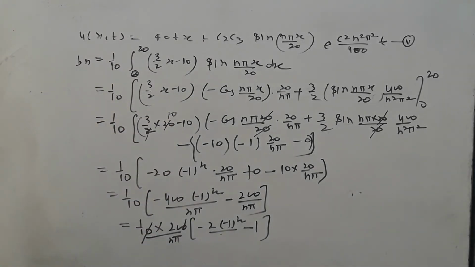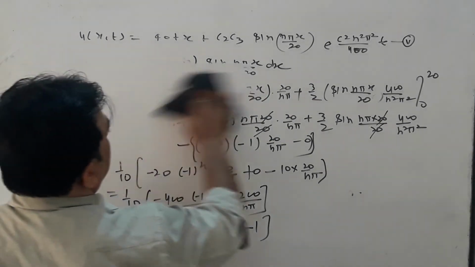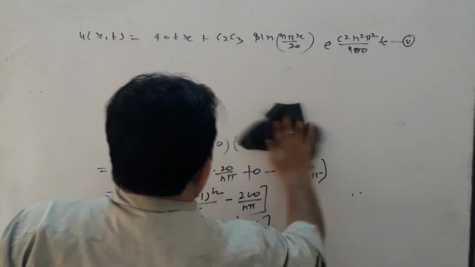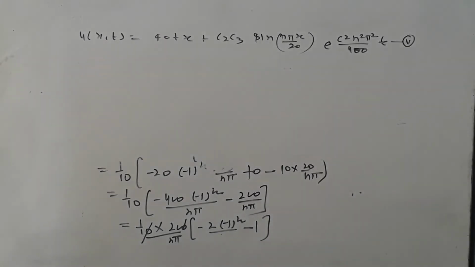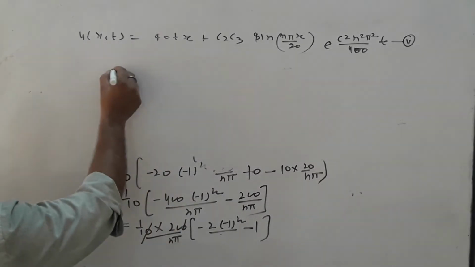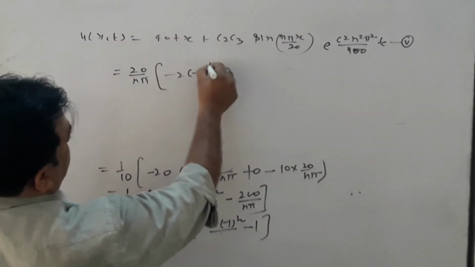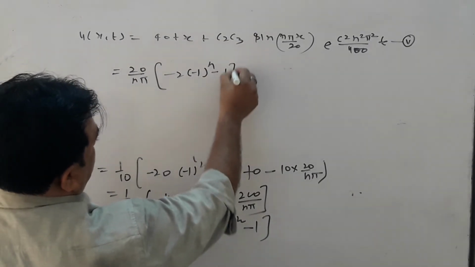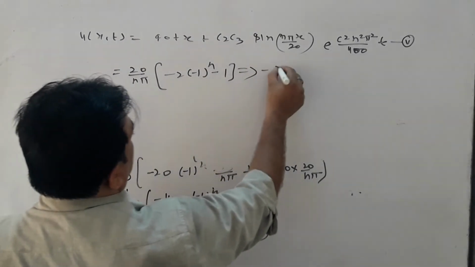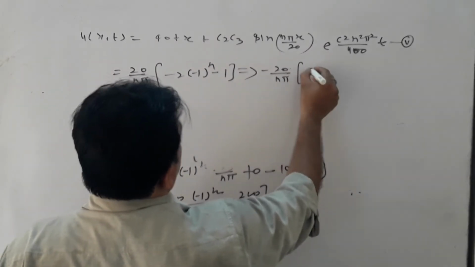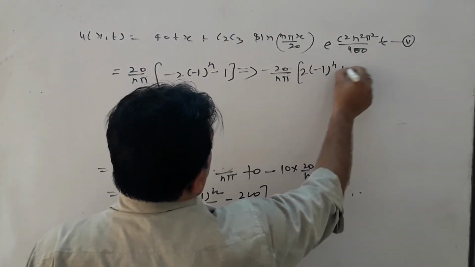Please make a note. Very simple question for you. After that we are putting in the values. The value is 20 upon n pi minus 2 minus 1 to the power n, or minus 1 taken out, minus is common, so minus 20 upon n pi, 2 minus 1 to the power n plus 1.